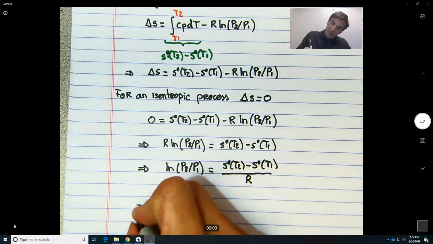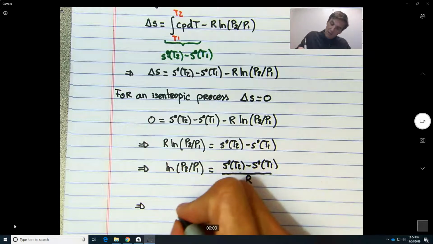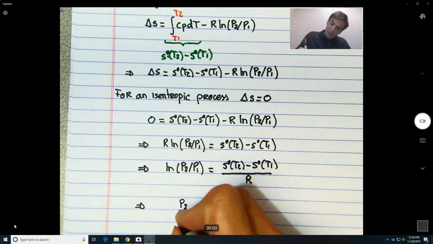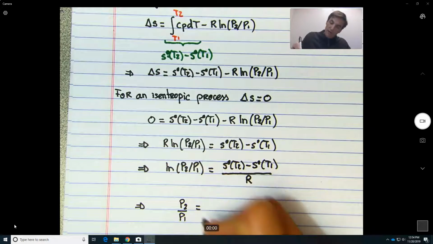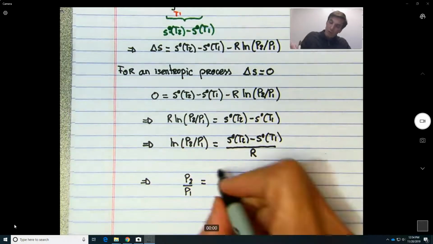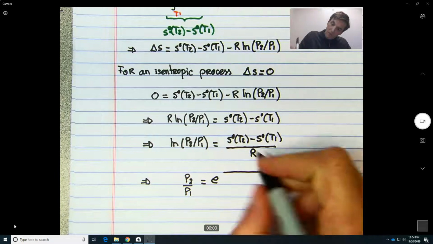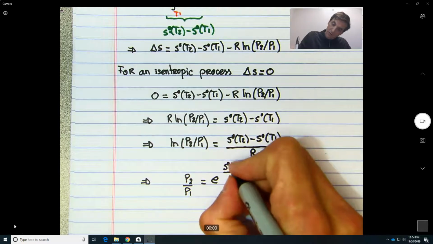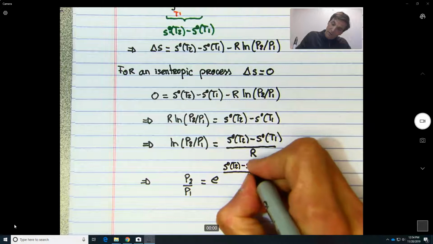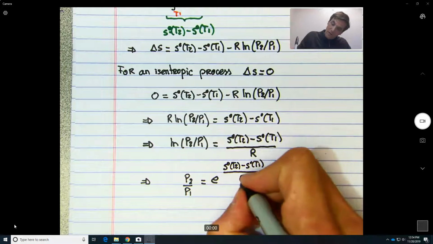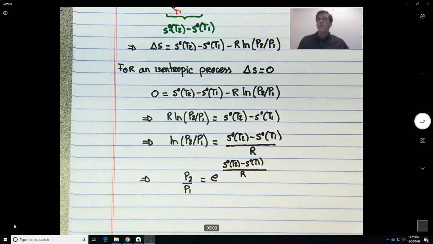We're going to get that P2 over P1 will be equal to the exponential function of that difference over R.